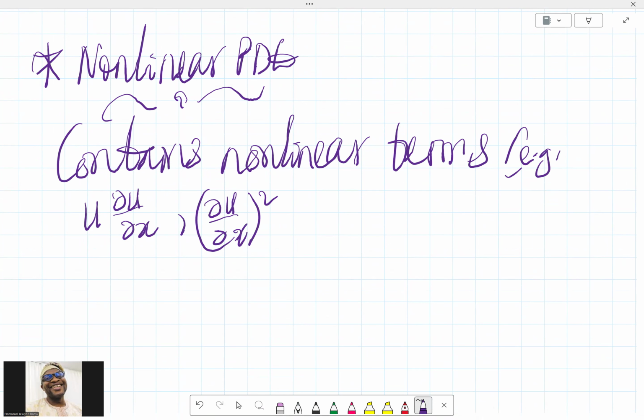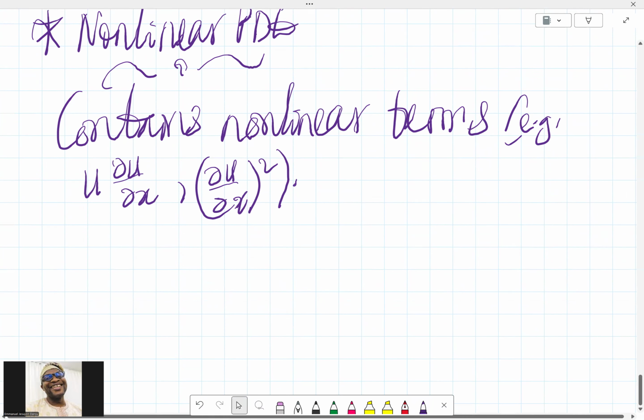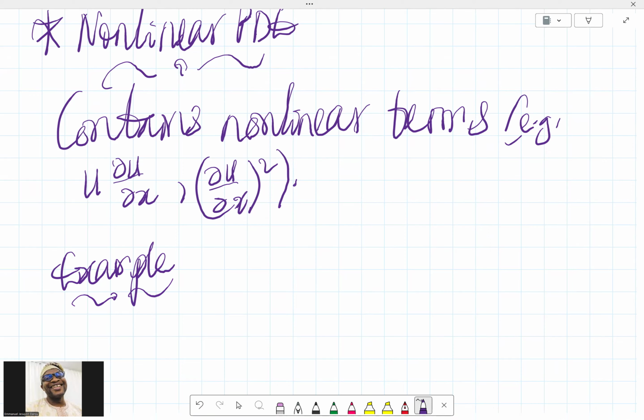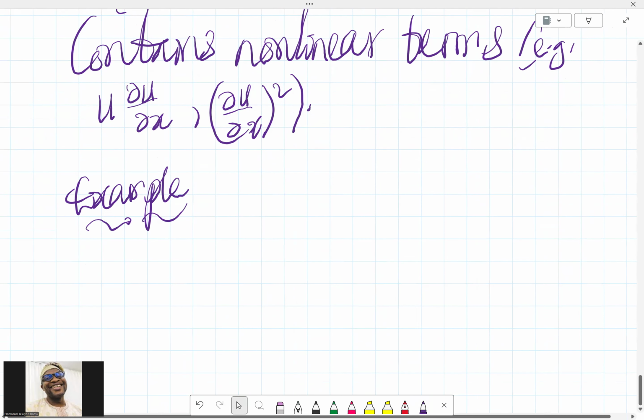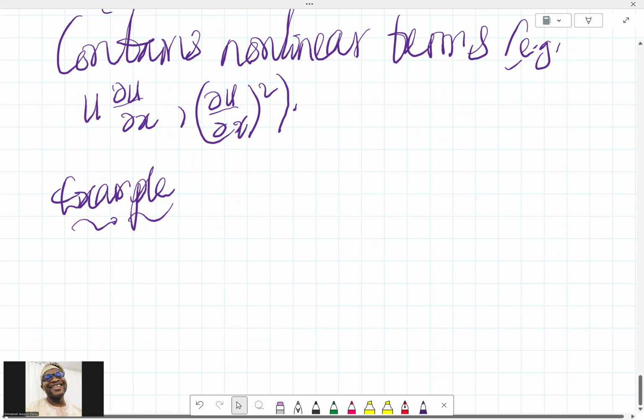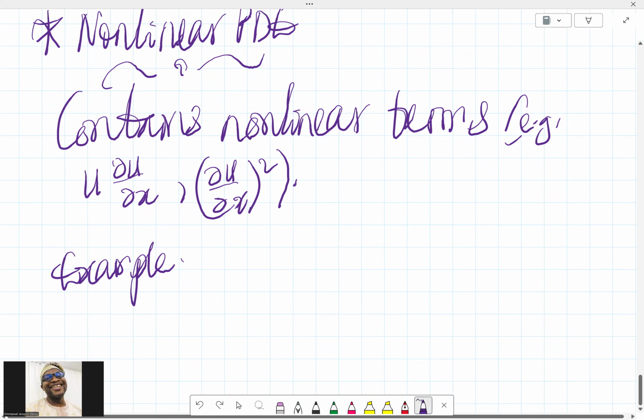These are all nonlinear terms, okay? So anywhere you see the dependent variable multiplied by its derivative, or any of the derivatives has power more than 1, has degree more than 1, just like we saw for ODE, then we say it's nonlinear.